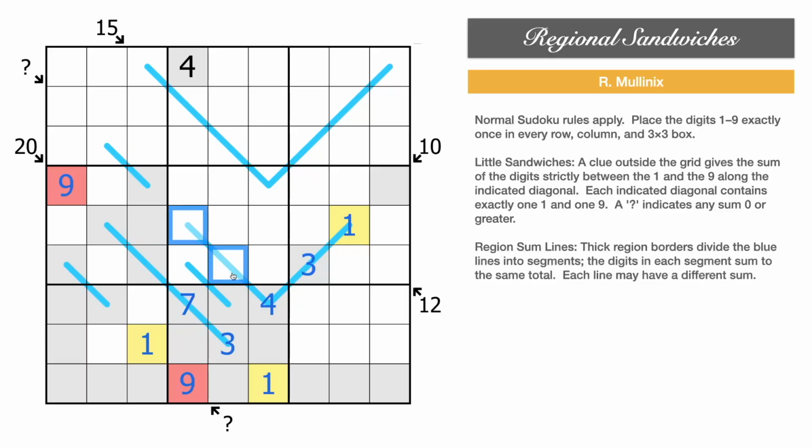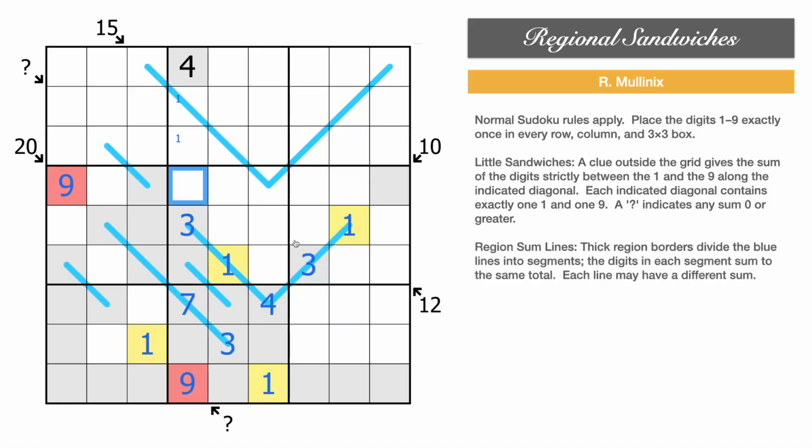Now this sums to 3, because of the region sum line. So this is a 1, 3. Now we know more yellows like that. The ones are up here. And we know that this is on a region sum line, so these two digits are the same, and it's not 1 or 9, so that's gray also.